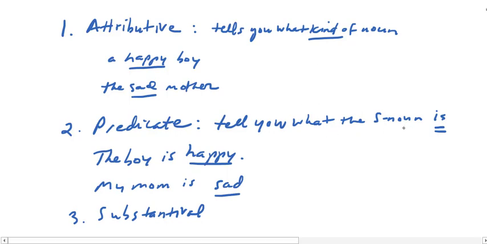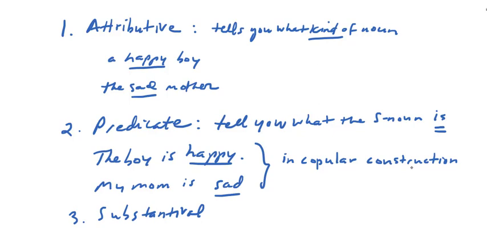And since predicate adjectives tell you what the subject noun is, predicate adjectives always occur in copular constructions. What's a copular construction? It's a construction that has a copula implied or explicit. That is to say, there's some sense of the verb to be, whether that verb to be is explicitly written there or is assumed. Okay?